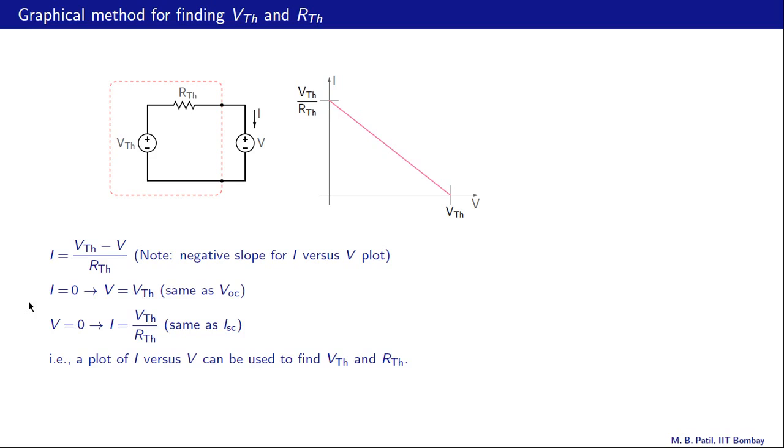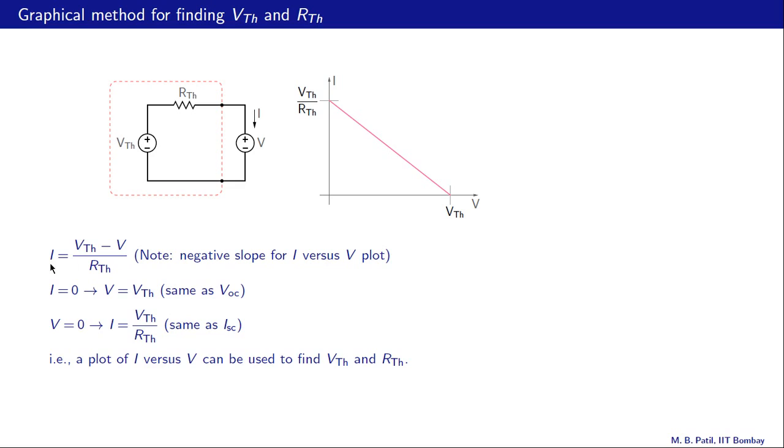What about the intercept of this line on the V axis? To find that, we put I equal to 0 and we get V equal to VTH. So that gives us the X intercept, and VTH, remember, is the same as VOC. What about the Y intercept? To find that, what we do is put V equal to 0.